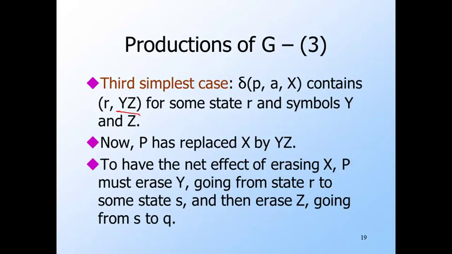As a result, we're going to have one production for each possible state S. But after reaching state S, we must have some additional input V that takes the PDA from state S to state Q while popping the Z from the stack. The net effect is that A followed by U and then V pops X from the stack while going from state P to Q.